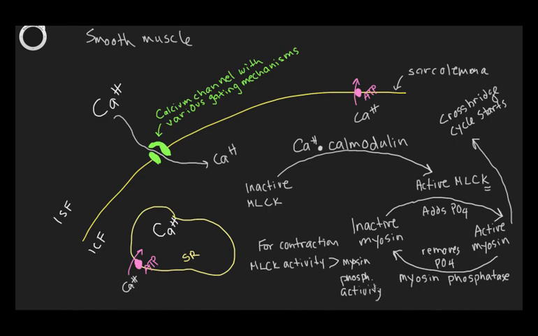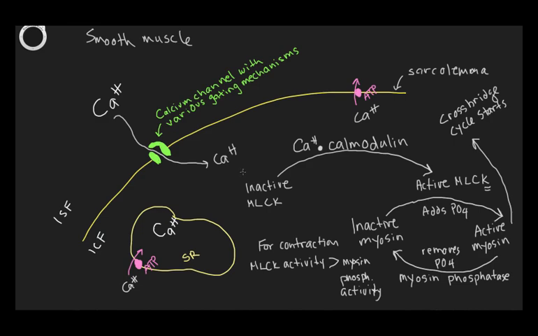So it's really a graded response because the amount of myosin kinase activity depends on how much calcium calmodulin is present, and that depends on how much calcium got let into the cytosol. So you have a graded response to calcium. A little bit of calcium gives you a little bit of contraction. A lot of calcium gives you a lot of contraction.